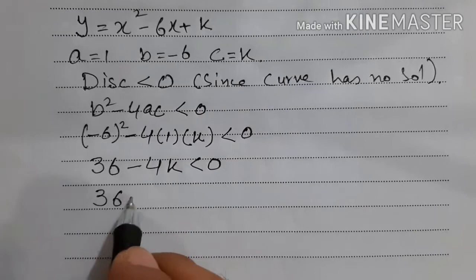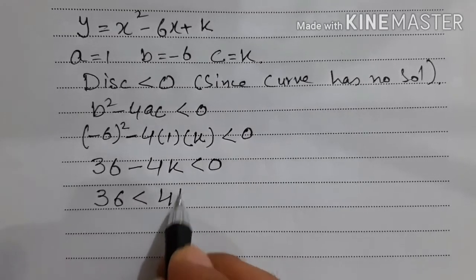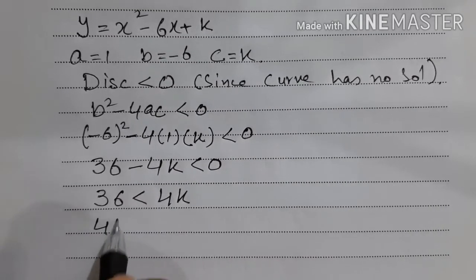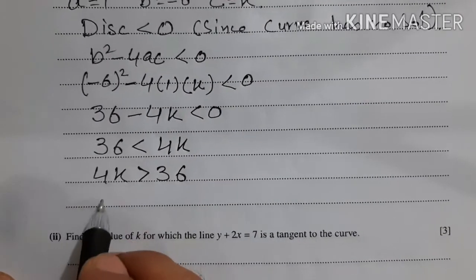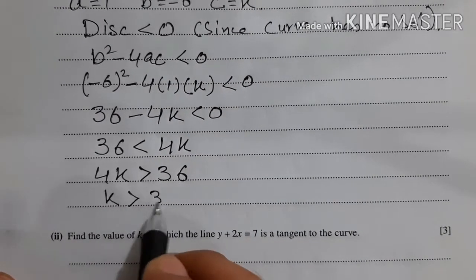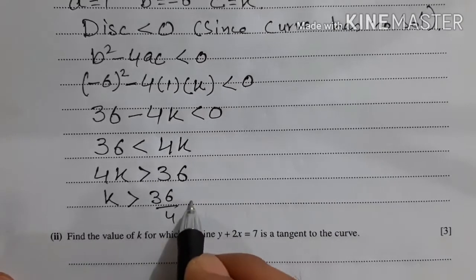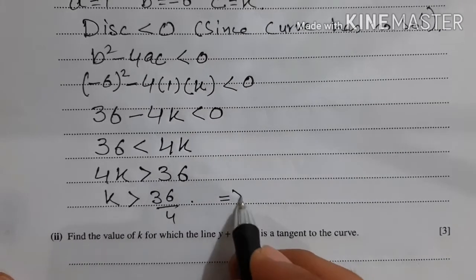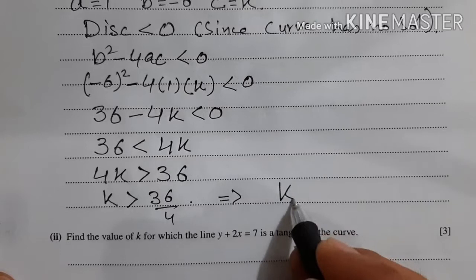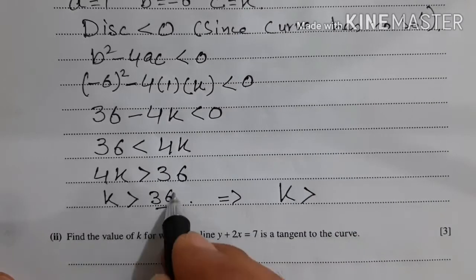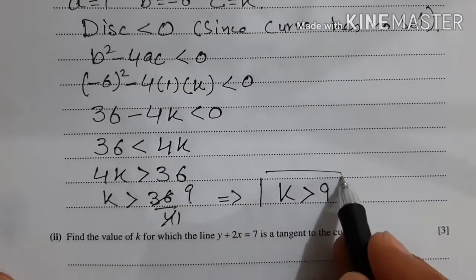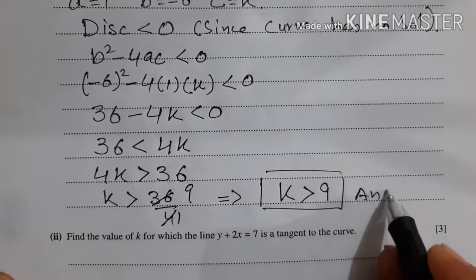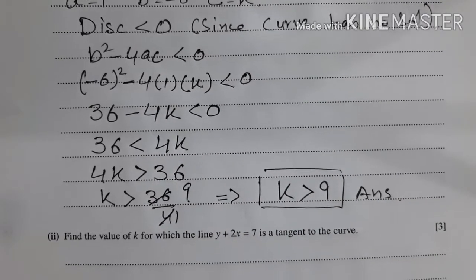It will be 36 is less than 4k, or 4k is greater than 36. We can write it like this, or k is greater than 36 by 4, which will give us k is greater than 9. So this is our answer of part 1.